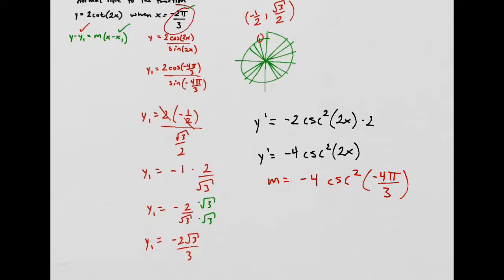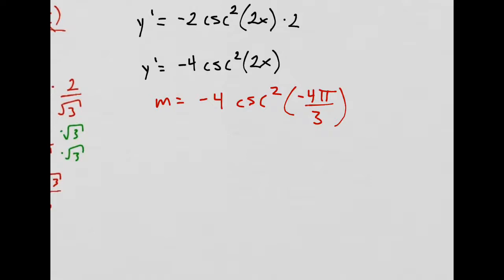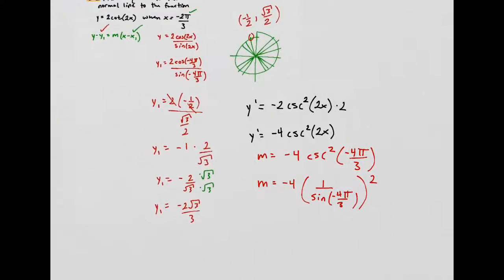If I just plug that in, it becomes negative 4 pi over 3. And cosecant, well, I'll show you. Cosecant is 1 over sine, so m is negative 4 times 1 over sine of negative 4 pi over 3, and then I'm putting the squared on the outside. This cosecant squared.